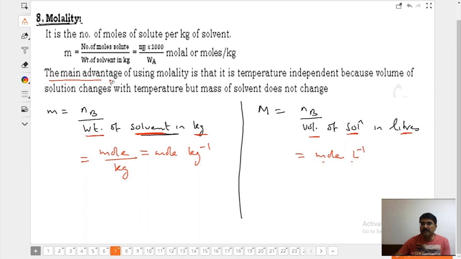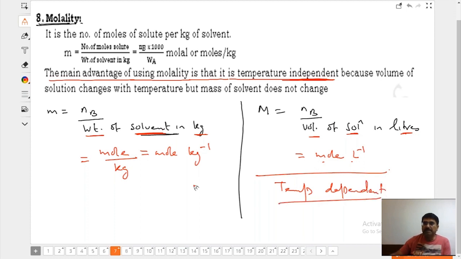The main advantage of using molality is that molality is temperature independent. Why? Because with change in temperature, neither the number of moles nor the weight can change. The only thing that can change is the volume. So molarity is temperature dependent, and molality is temperature independent.